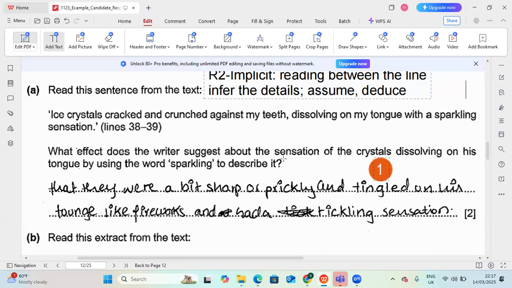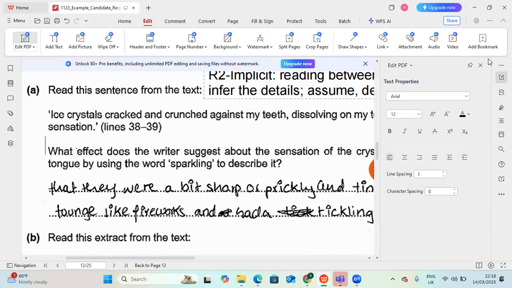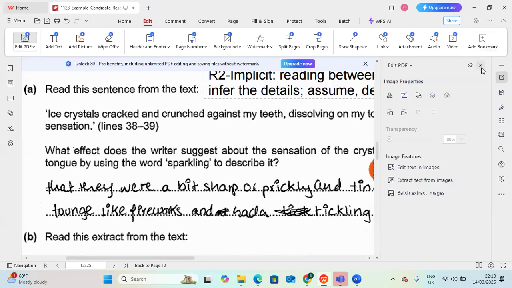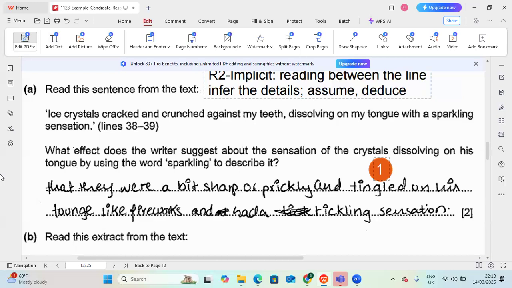So the question is, what does the writer suggest about the sensation of crystals dissolving on his tongue by using the word sparkling to describe it? What does the word sparkling mean in general?